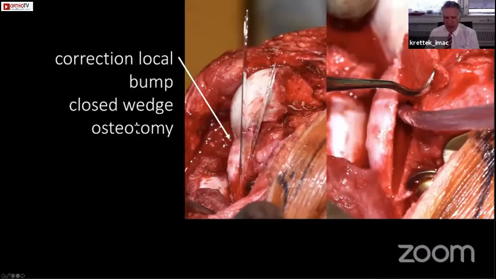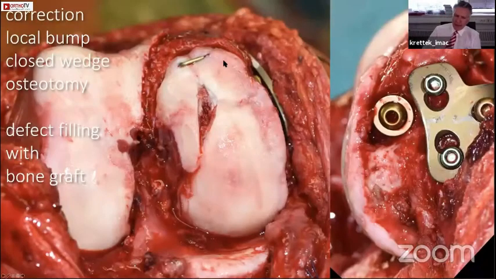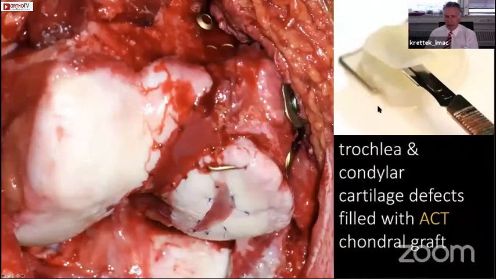We do a wedge type of osteotomy, here a closed wedge type, and here after removing the wedge, we just bend again the osteochondral fragment, and we press it against the femoral condyle, so we have again removed the bump, and we fix it with the low-cost titanium K-wires in order to minimize the amount of implants. Looks the shape, it looks nice again compared to the preoperative bump here.